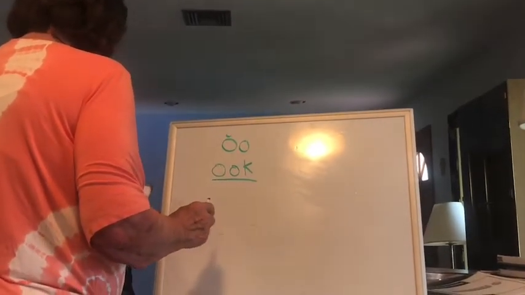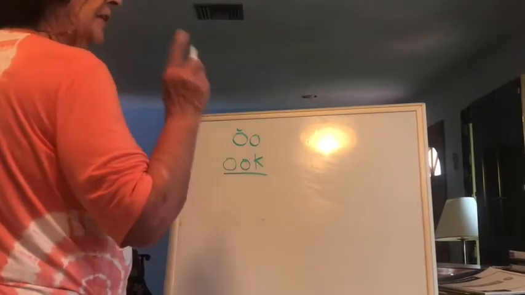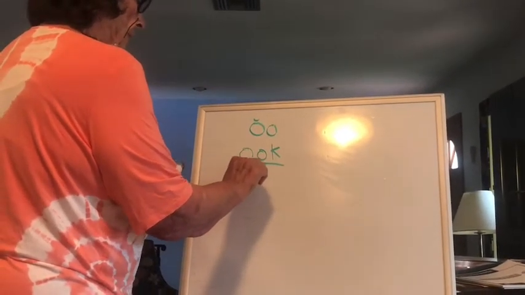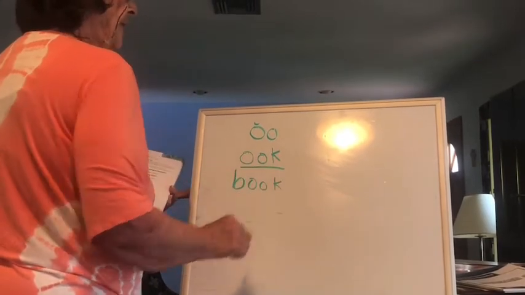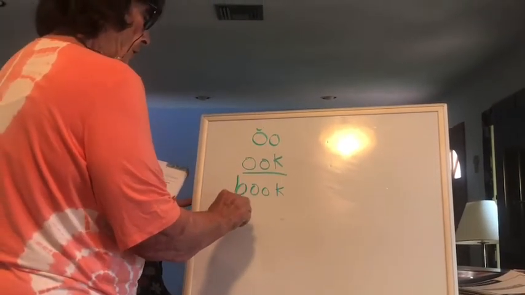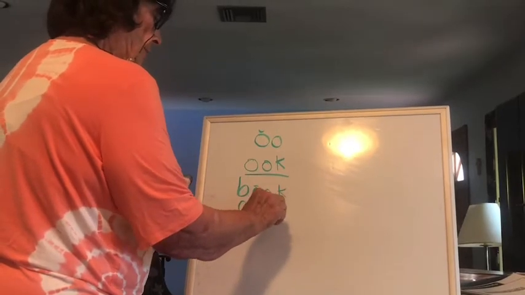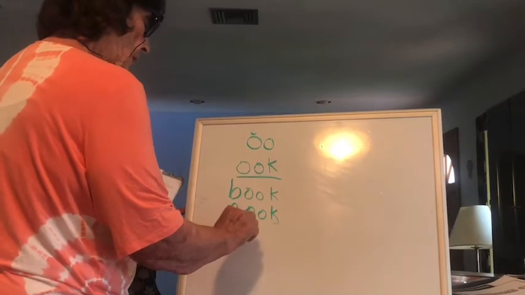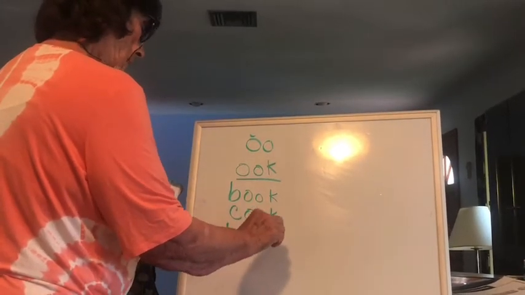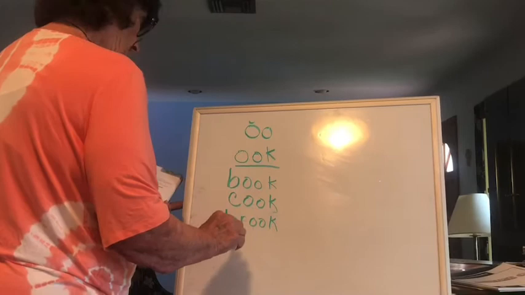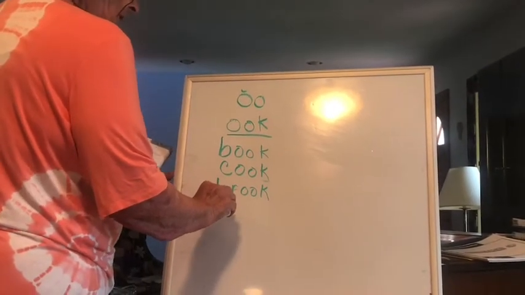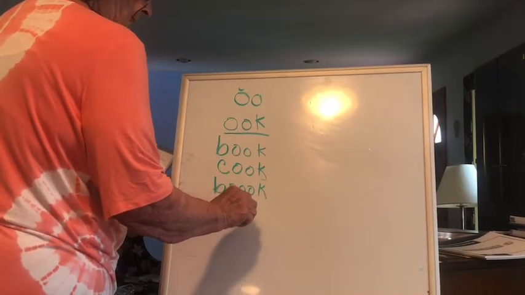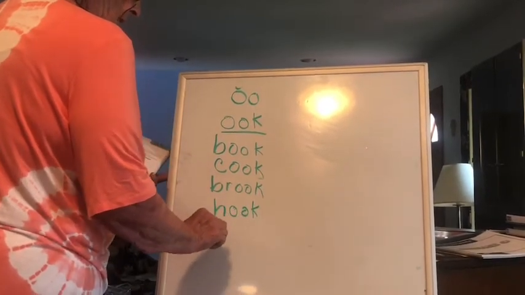Okay, now let's start from the beginning of the alphabet. There is book, A, B, C, D, C, cook. Oh, you know what? We also have brook. What about hook? Look.